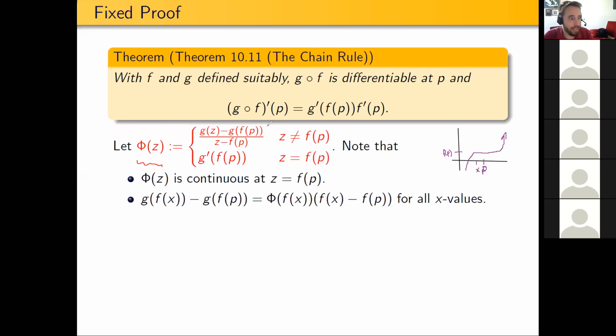And so at these points, I will define this phi function. Phi of f of p will not get a 0 divided by 0 error. Phi of f of p will get g prime of f of p as its output. So in a sense, this extra step is plugging a hole in the difference quotient that was previously there on account of a 0 divided by 0 error if I was plugging in z equals f of p.